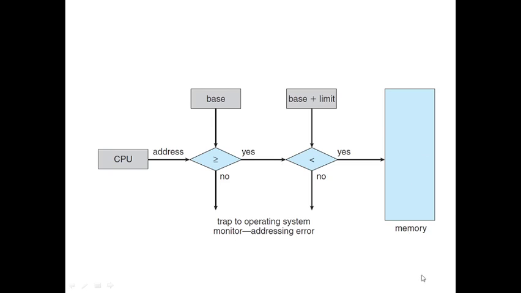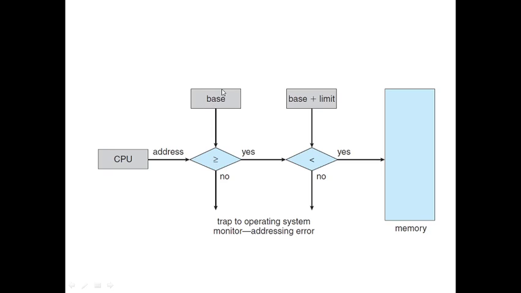This is the design we have made for this particular process. Whenever the CPU generates an address as part of the current instruction, instead of directly going to the memory with that address, it's first verified whether it is a valid address.